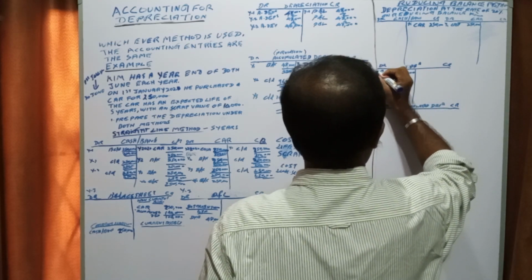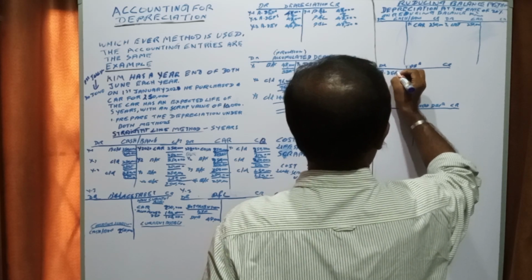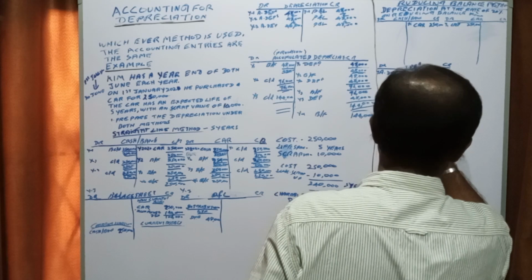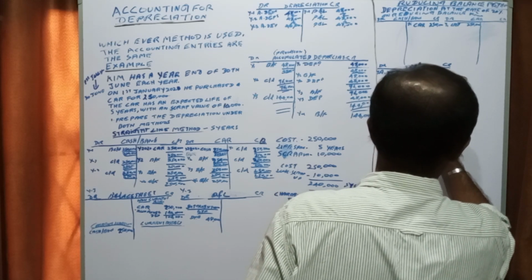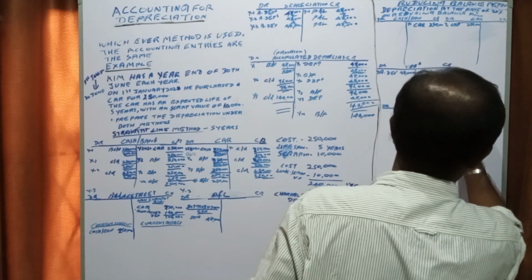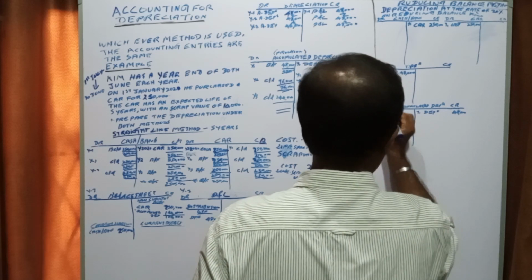Accumulated depreciation, year 1 depreciation 48,000. So we have to balance it.